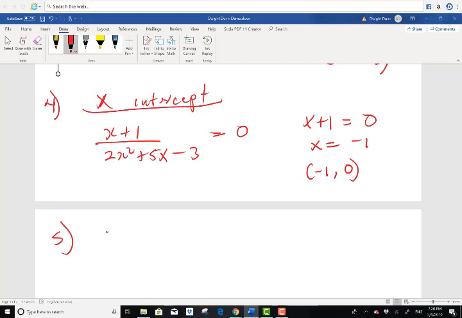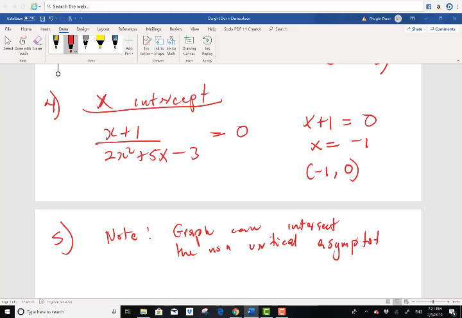So make a little note right here real quick. The note here is that the graph can intersect the non-vertical asymptote. Now it sounds very counterintuitive, but the fact of the matter is, once the function is not undefined at a particular point, we still can have that value existing for the asymptote.